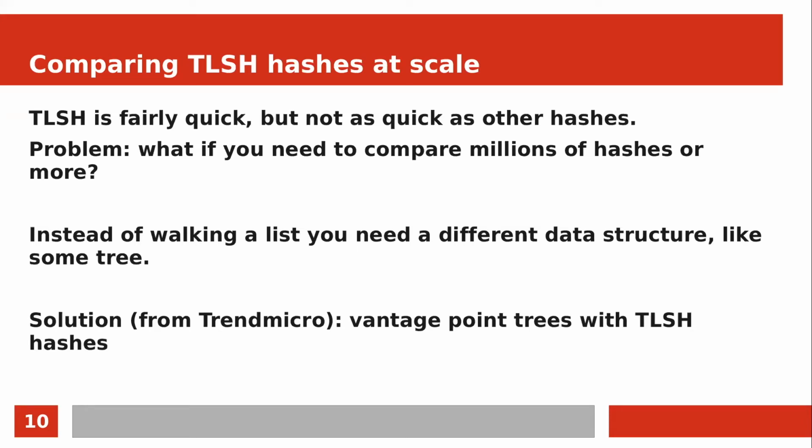But instead of walking a list, just doing everything sequentially, you definitely need a different data structure, like some sort of tree. A solution that Trend Micro had was to use a thing called a vantage point tree with TLSH hashes.